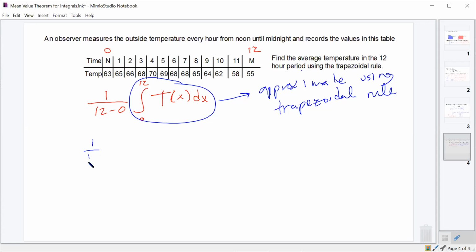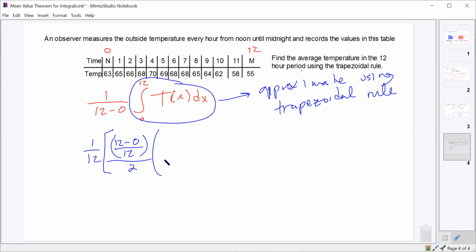And so we've got 1/12. And what does the trapezoidal rule say? Hopefully you remember it. Anybody? No? The y values? It has to do with the y values, true, but there's a coefficient out in front. It's b minus a, ending minus starting, divided by the number of subintervals, divided by 2.